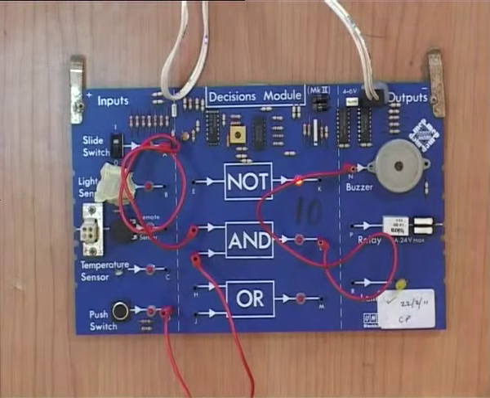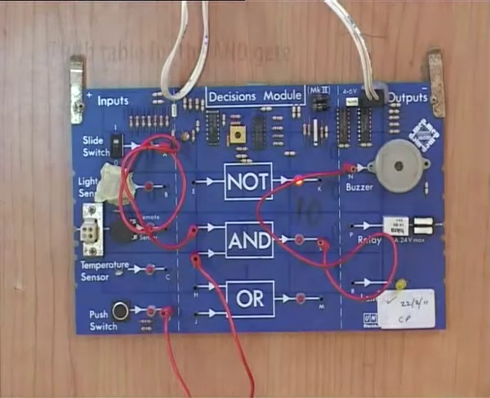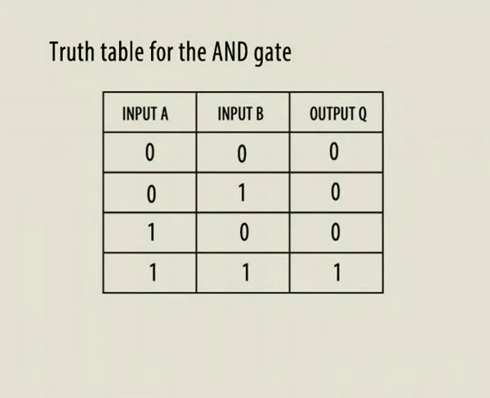Now, we can construct a truth table for the AND gate as shown on your screen. Let's represent the inputs with A and B and the output with Q.